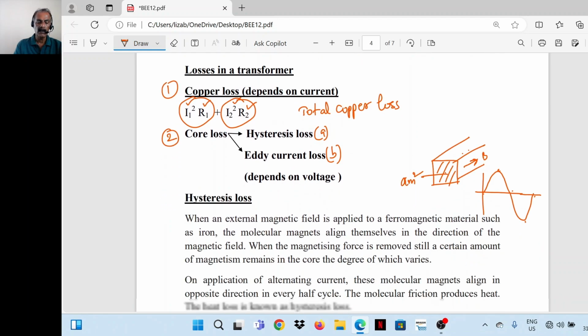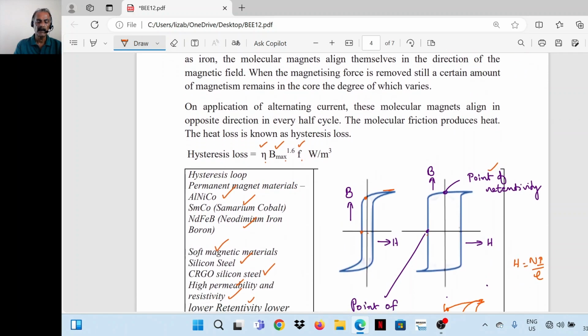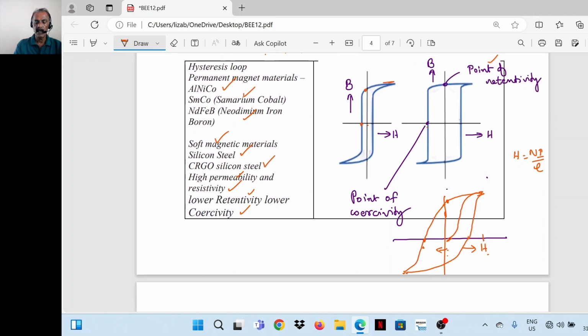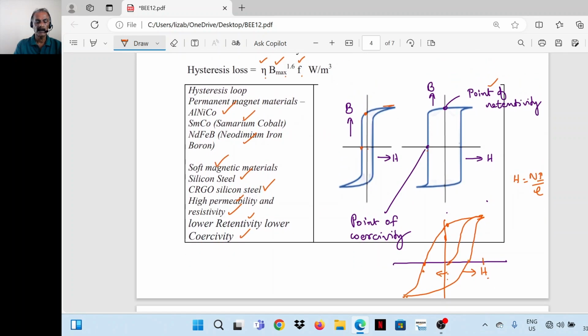Then for hysteresis loss, by properly selecting a material for the core, a material which has a thinner hysteresis loop, that will reduce the hysteresis loss. So these two are the major losses happening in the core, and eddy current loss can be reduced by laminating the core, and hysteresis loss can be reduced by selecting a suitable material for the core.